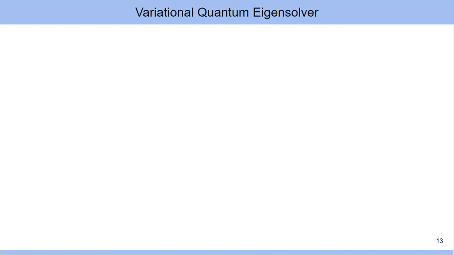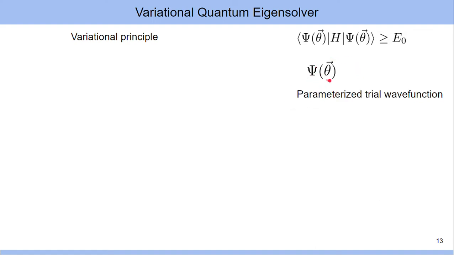Now, after this, to find out the ground state energy of a molecule, an algorithm has to be adopted. From the various kinds of algorithms available, here we have chosen the variational quantum eigensolver. The variational quantum eigensolver acts using the variational principle, where H is our Hamiltonian in the qubit form and psi is a parameter-dependent trial wave function.